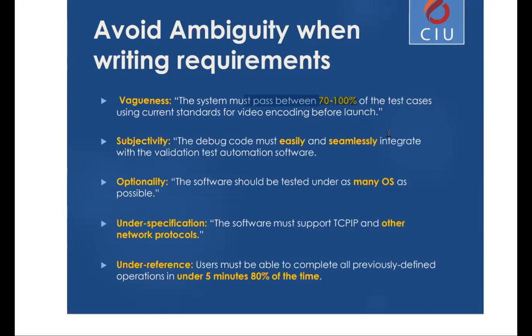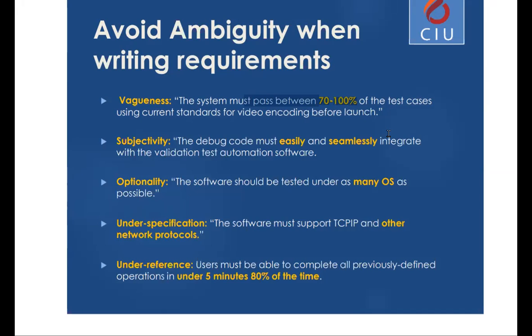Optionality: "The software should be tested under as many operating systems as possible." What does it mean, as many operating systems? Does it mean Windows and Mac only, or Linux and others? It's again very vague. There's no definition for it.